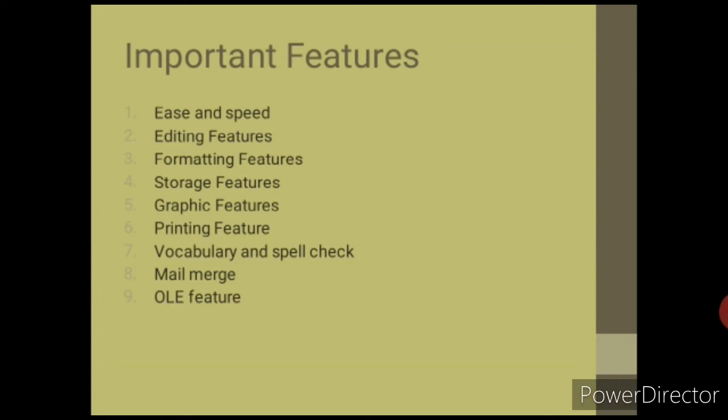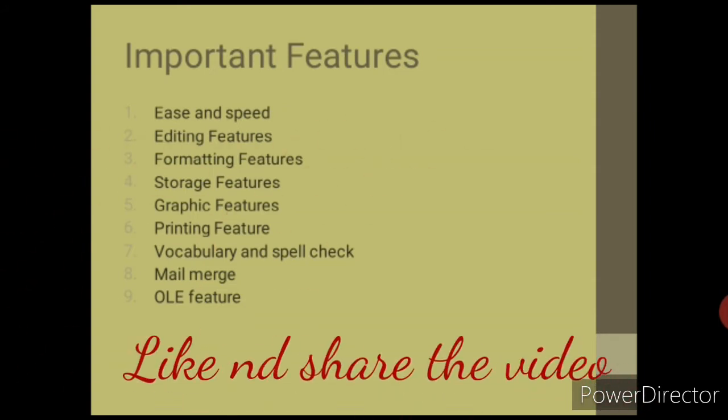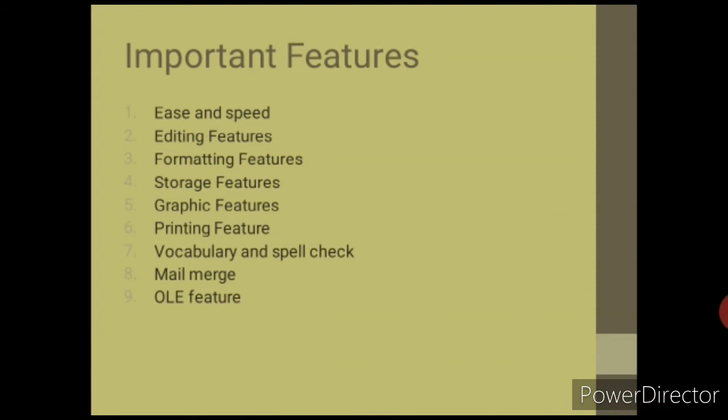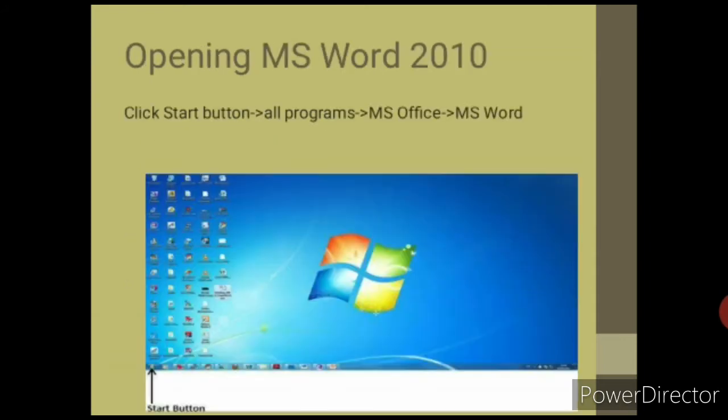So if we want to apply charts in Word, we just have to click on the OLE option. With the help of this option, you can easily embed. Embed means you can connect both applications, like Word and Excel, with each other, and you can easily apply the chart section of your Excel data on your Word document, right?